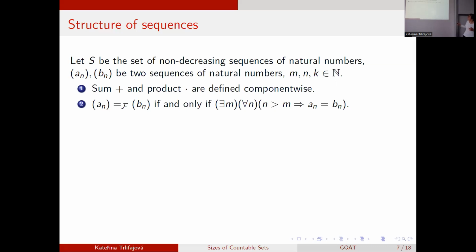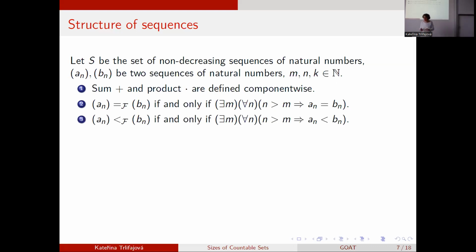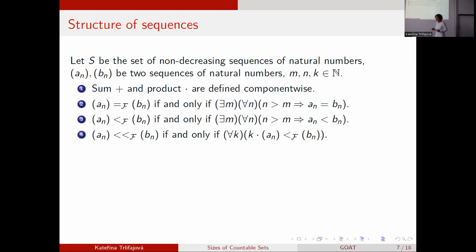If there is, for instance, m, such that for all n greater than m, the terms are equal. In the same way, we can define order, that one sequence is less than another sequence when their terms are less from a sufficiently great index.